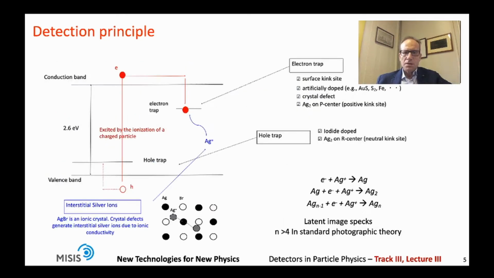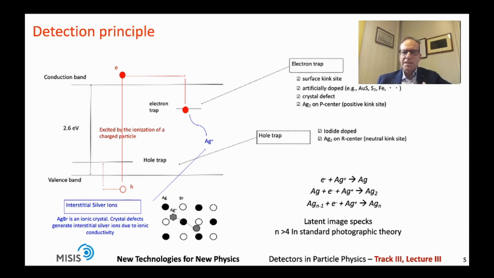Again, this is the image of the valence band, the conduction band, the electron hole which is created, the electron traps, and then electrons and silver ions. They get silver atoms, and then you have several of these processes going on.